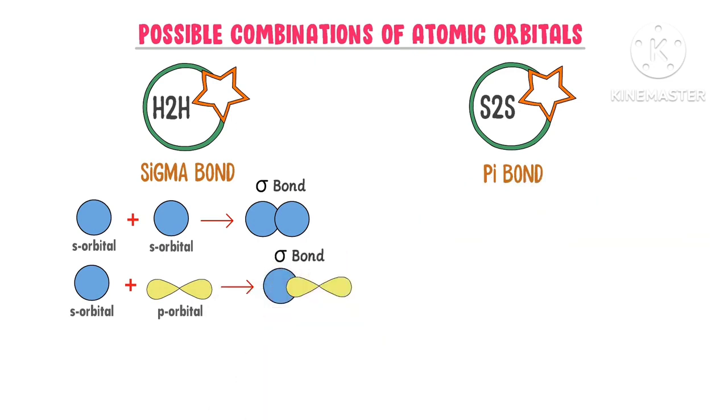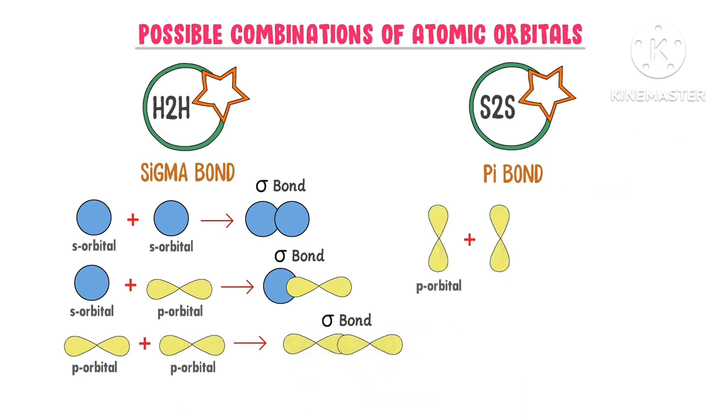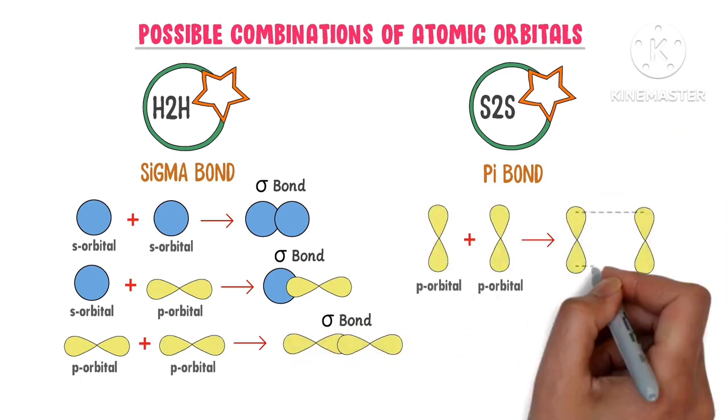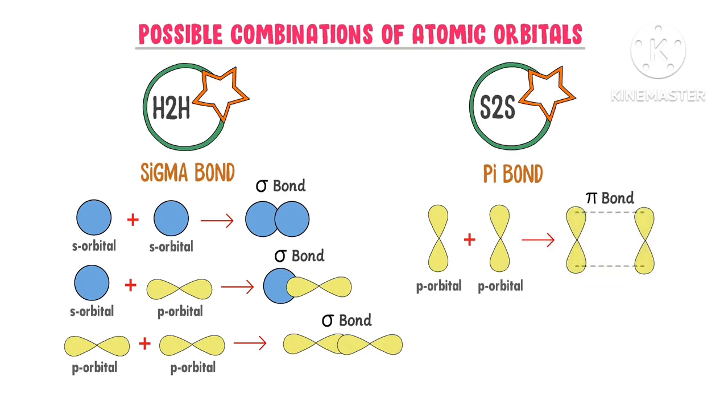In case of pp overlapping, it may either form sigma bond or pi bond depending upon its overlapping. For instance, if p orbitals overlap headwise, they will form sigma bond. If p orbitals overlap sidewise, they will form pi bond. Thus, only sidewise overlapping of p orbitals form pi bond, while headwise overlapping of ss, sp, pp orbitals form sigma bonds.